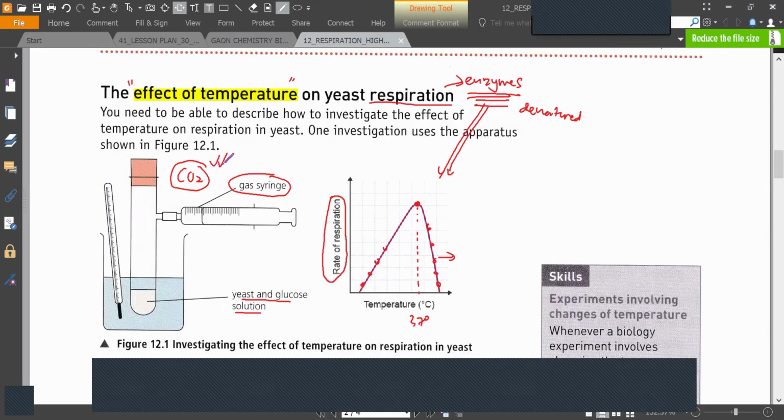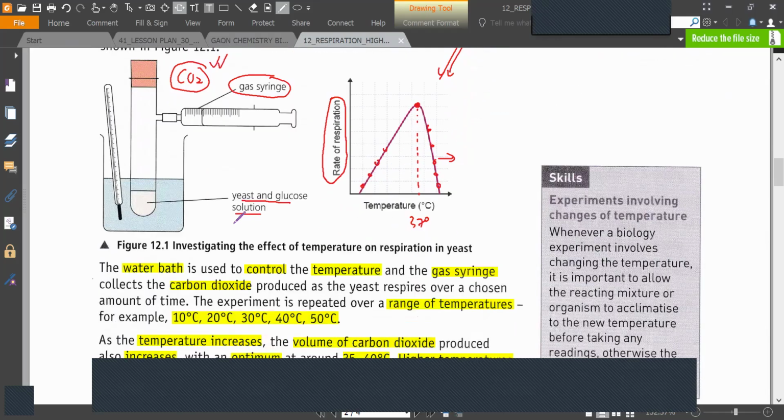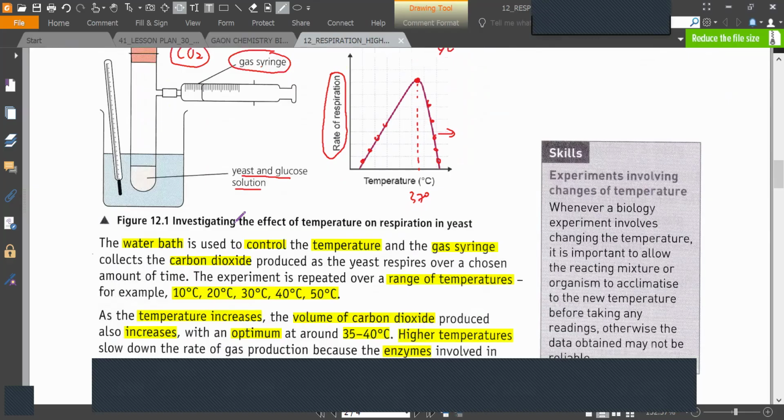If it produces lots of carbon dioxide quickly, respiration is happening quickly. If it releases less carbon dioxide over the same amount of time, the rate of respiration is low.